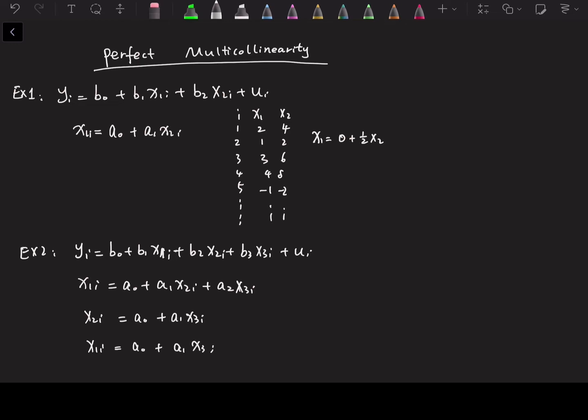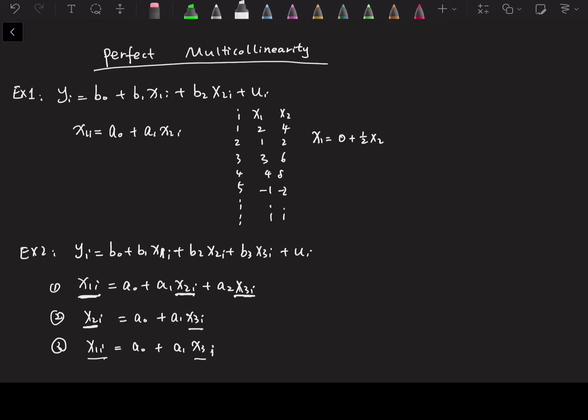So these are all perfect multicollinearity examples. x1 is perfectly linear with x2 and x3. x2 is perfectly linear with x3. x1 is perfectly linear with x3. So those are different examples: case number 1, case number 2, case number 3. By definition, perfect multicollinearity means one regressor is an exact linear function of some of the other regressors.